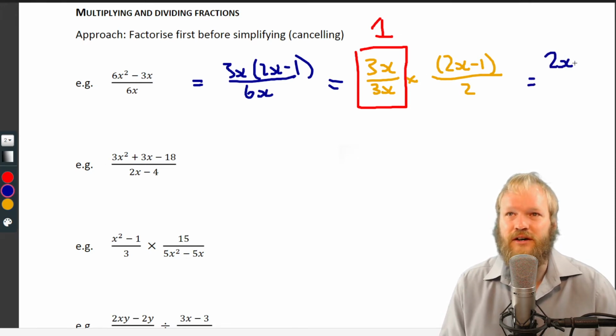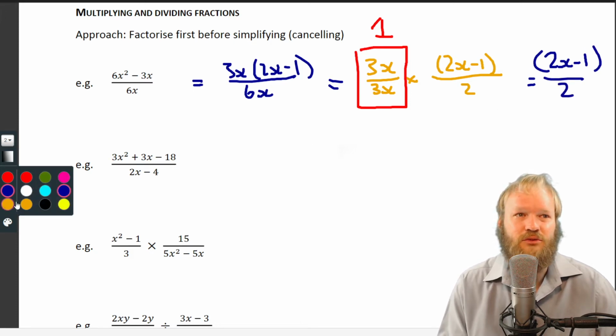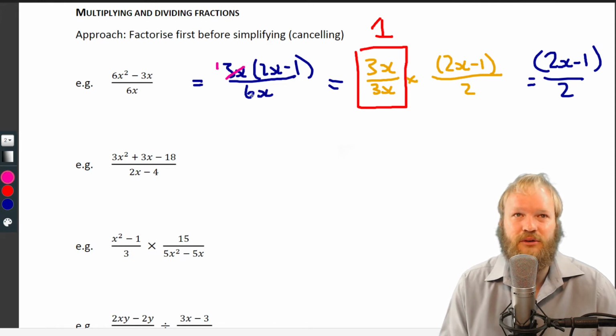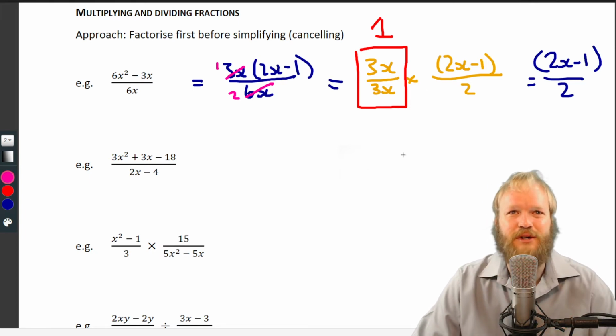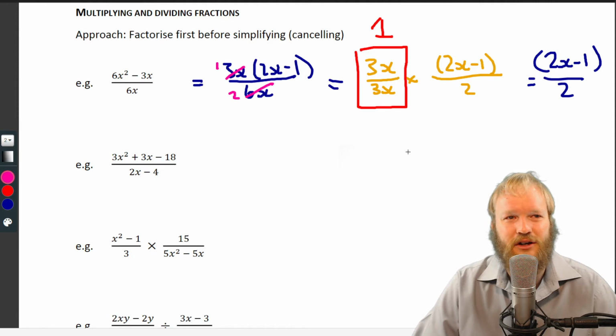So hence we have 2x minus 1 over 2. That's what we're doing in that cancel idea: 3x goes in here once, 3x goes in here twice. Look, there's our 2. I'm not going to show that every time, but that's mathematically what we're doing.